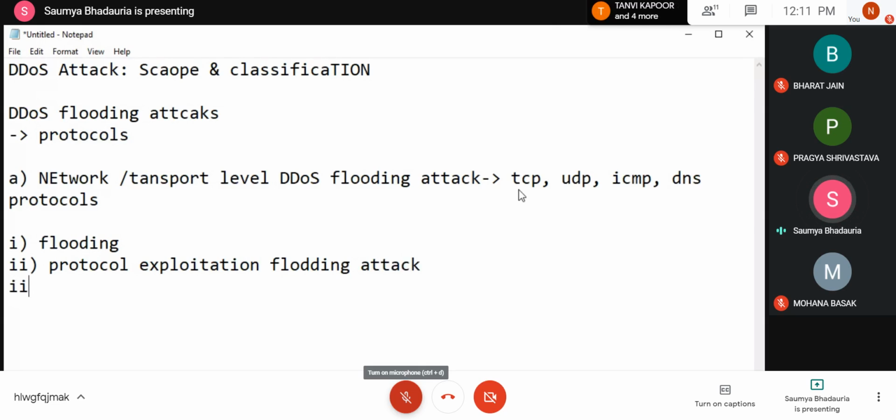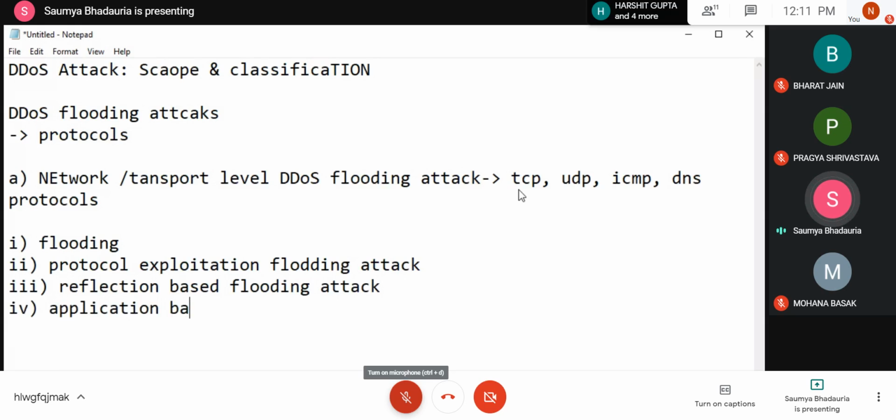Third, a reflection-based flooding attack. And fourth, an application-based flooding attack.